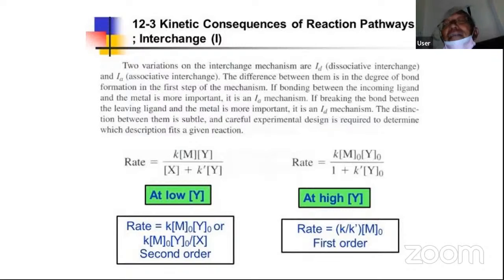So you can differentiate between associative and dissociative from the reaction order. Second order always means associative. First order is dissociative. Okay, next slide. This is the concept that I want the student to understand. Okay, next slide.